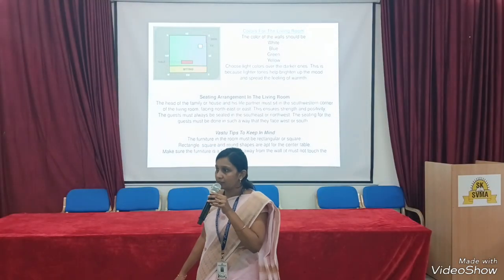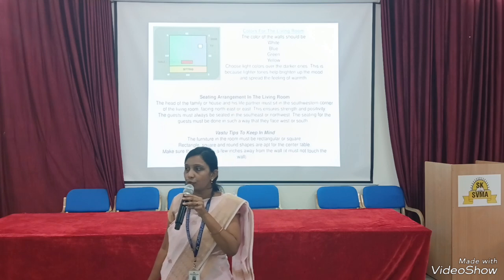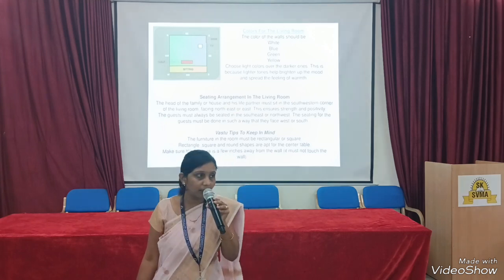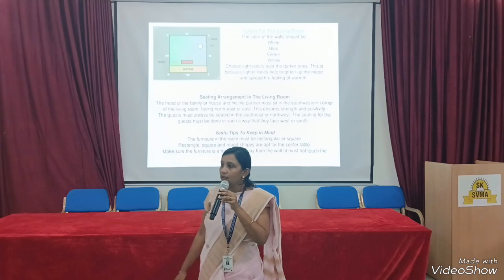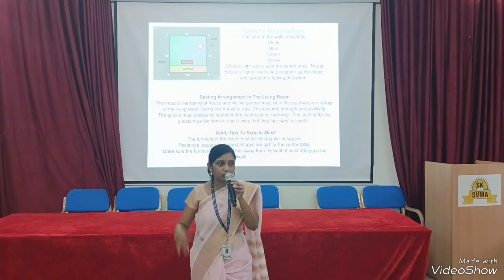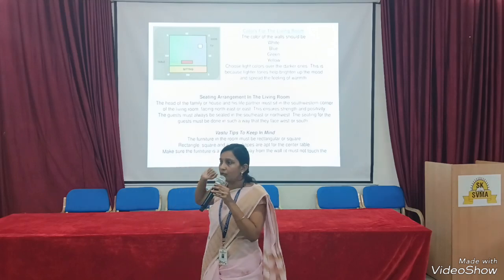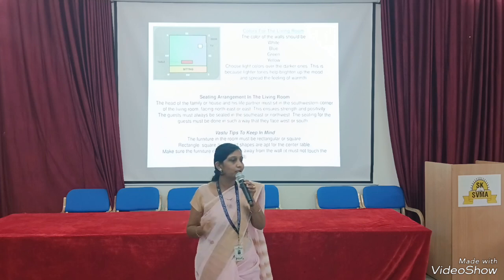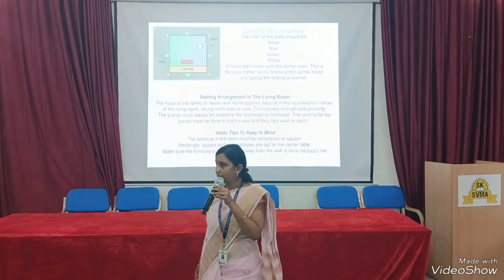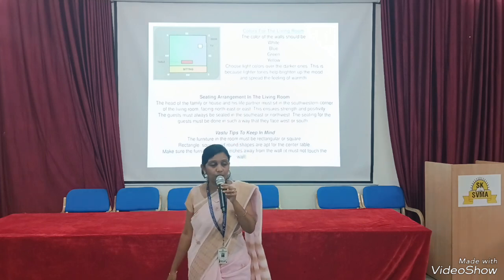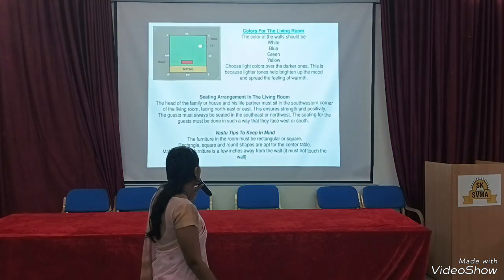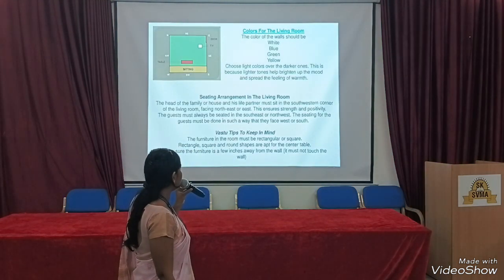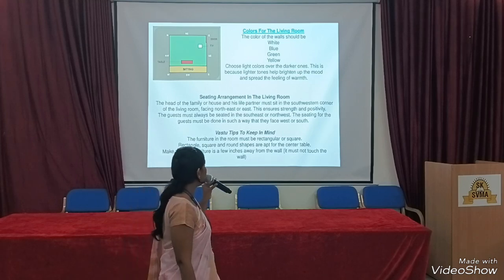Is it lighter? The living room should always be lighter, because the guest always enters the living room only. If you provide a dark color for the living room, they will not enter the house. That's why we prefer light colors, and these colors are particularly for the living room.